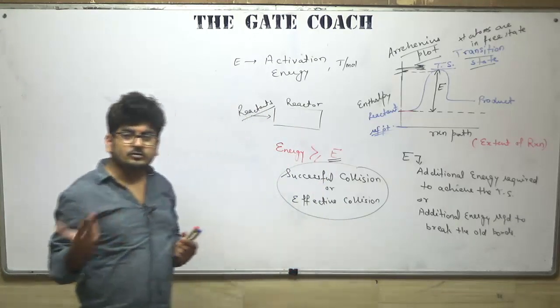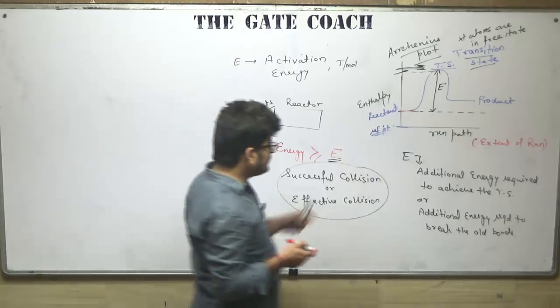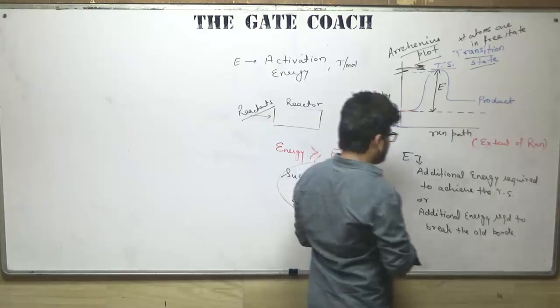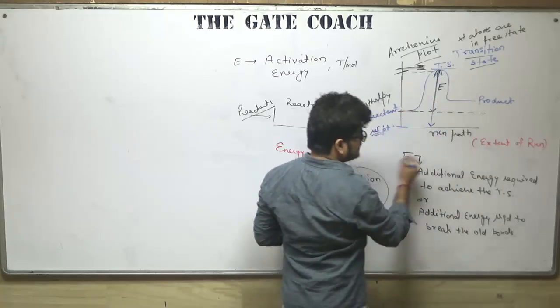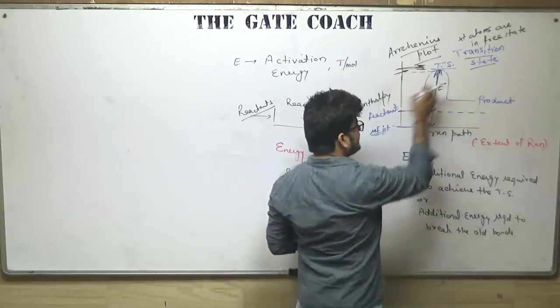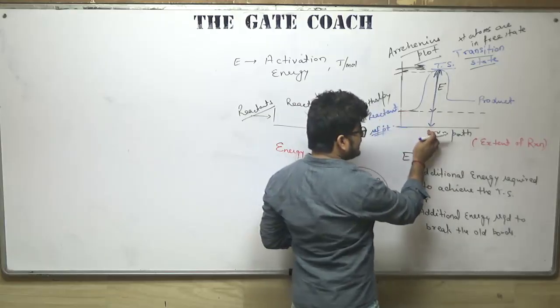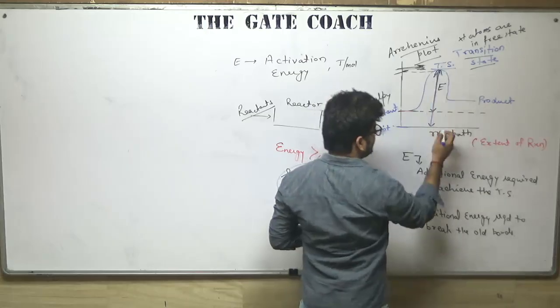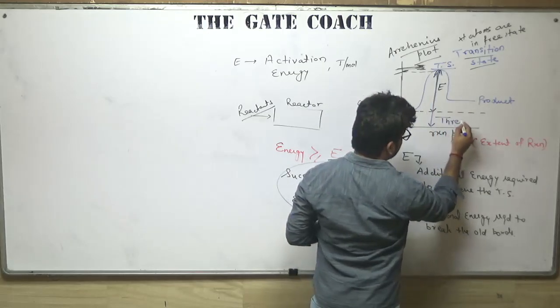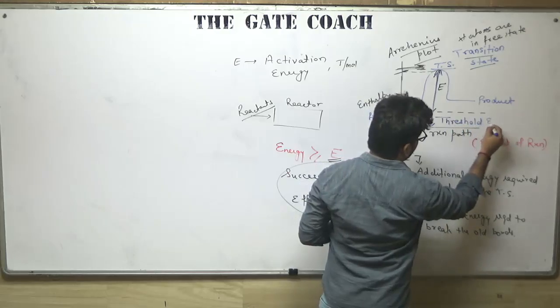But what about the total energy from the reference point? So if I talk about this total energy from the reference point, then the total energy required by the molecules to achieve the transition state is known as threshold energy.